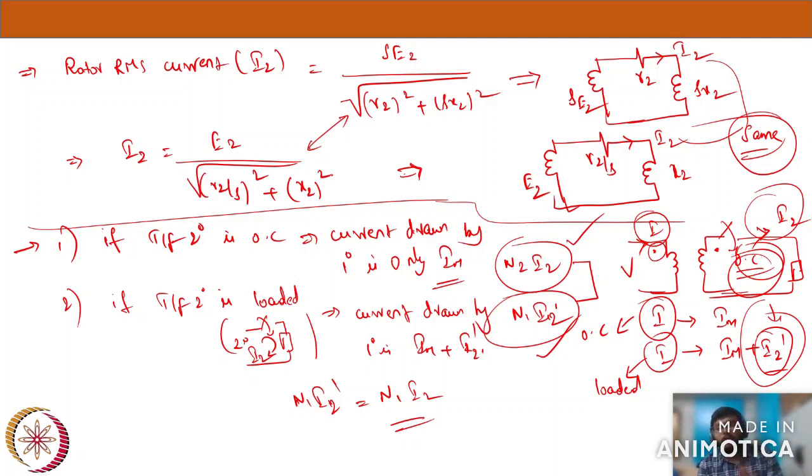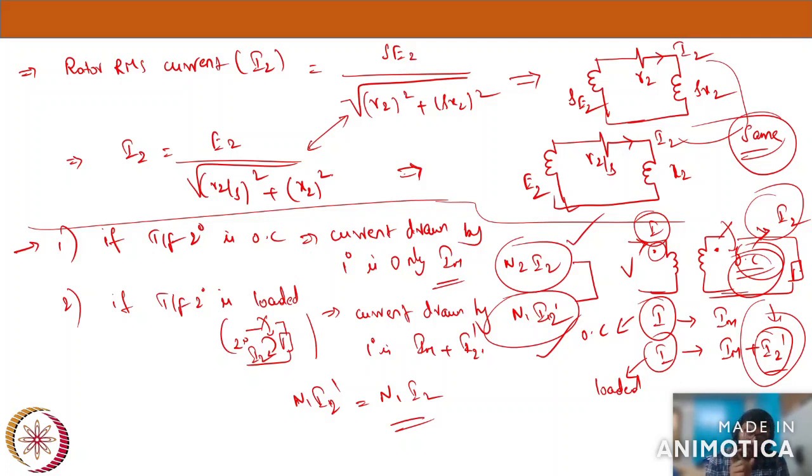The total MMF in the core remains constant even now. You have to make sure my flux always remains the same. You don't have to do anything; that is the internal property of the transformer. Whenever you connect a secondary load, based on the current drawn by the secondary, the same amount of current has to be drawn by your transformer primary supply side, so that your MMF will be counterbalanced.